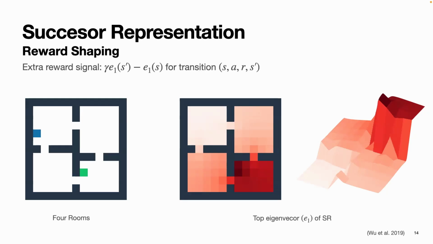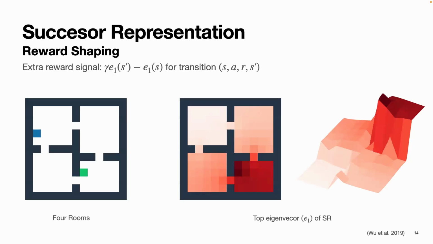Yeah. So on the right, we show the top eigenvector in a sort of 3D landscape. And this is actually a pretty good reward signal because if we look at the form of the reward, it is doing a difference between the eigenvector entry of the next state and the eigenvector entry of the current state.